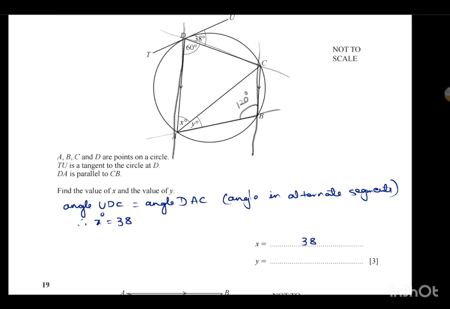So first we'll say that angle ABC is equal to 120 degrees. Why? Because of the sum of opposite angles in a cyclic quadrilateral.